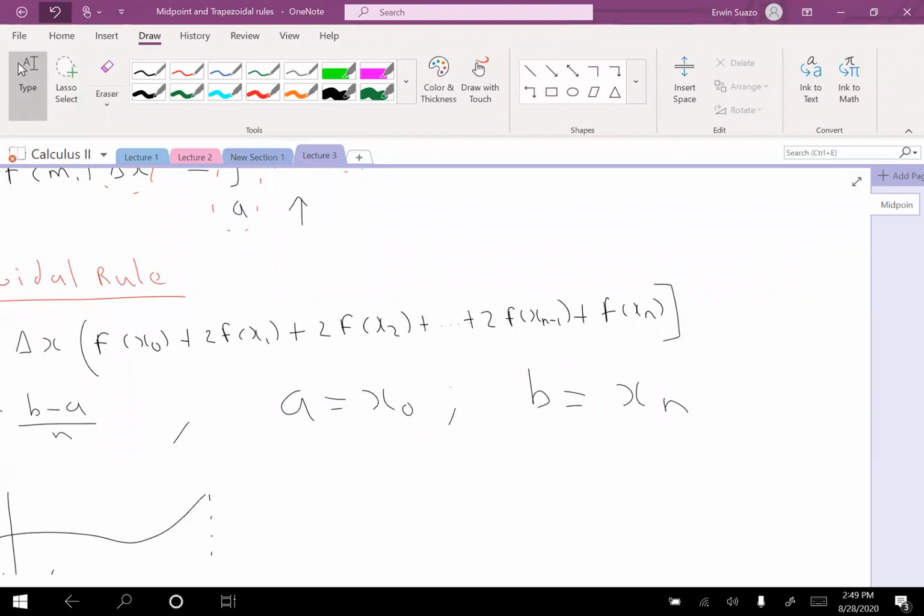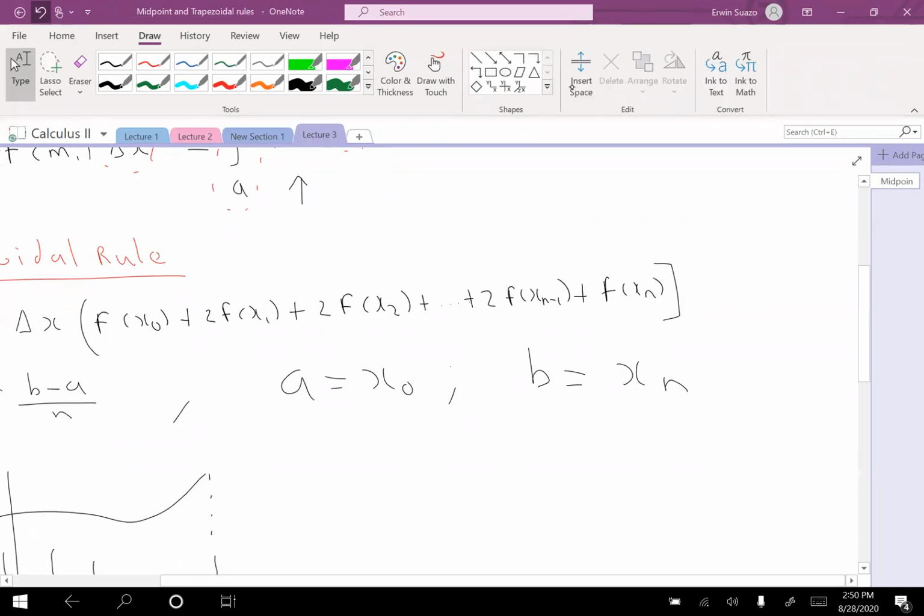I can probably do Simpson's rule on Monday, on Tuesday, to start with. Okay, so I want to leave these last minutes. We still have 25 minutes. So please go to your quiz and let's solve the quiz.